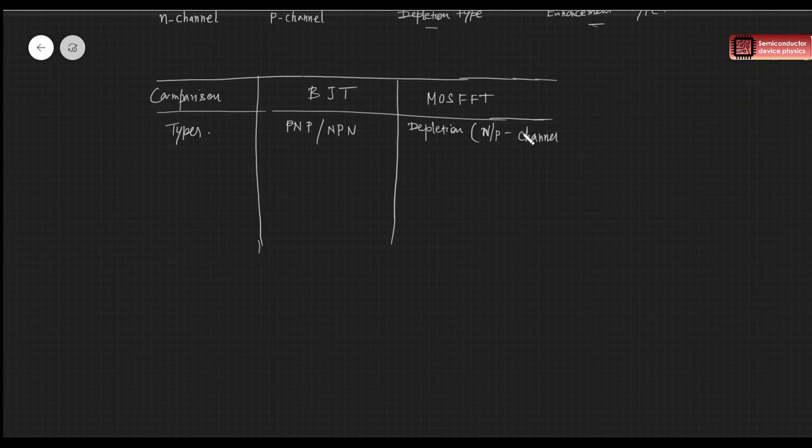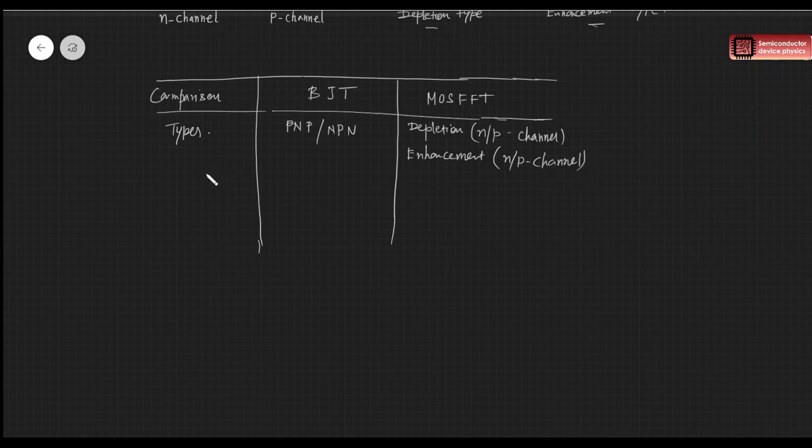And then we have another type called enhancement, which also could be N or P channel.